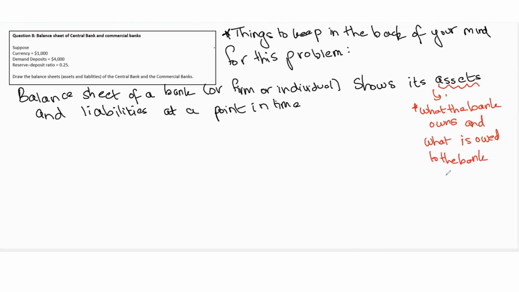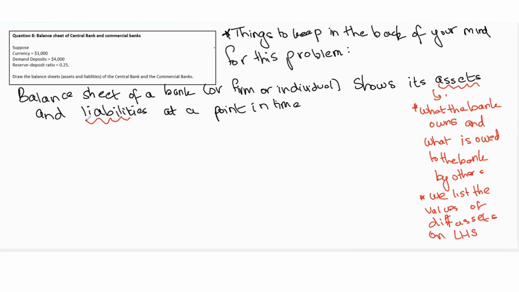Now, when we're constructing the balance sheet for the central bank and commercial banks, we list the values of different assets on the left hand side. So we write our assets on the left hand side and our liabilities on the right hand side when making the balance sheet.